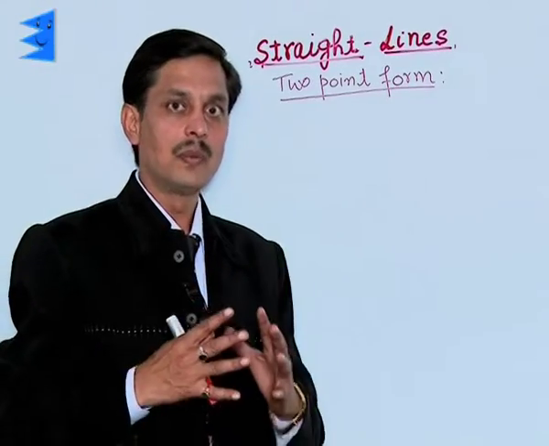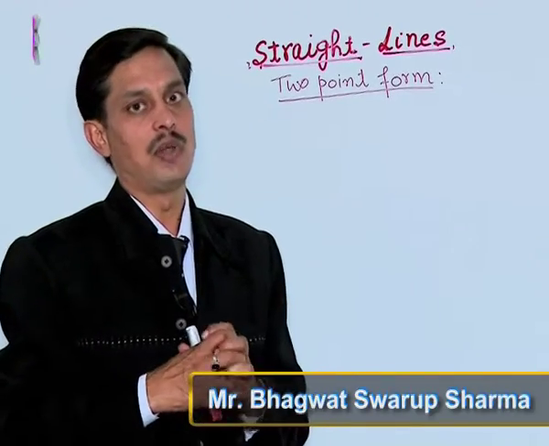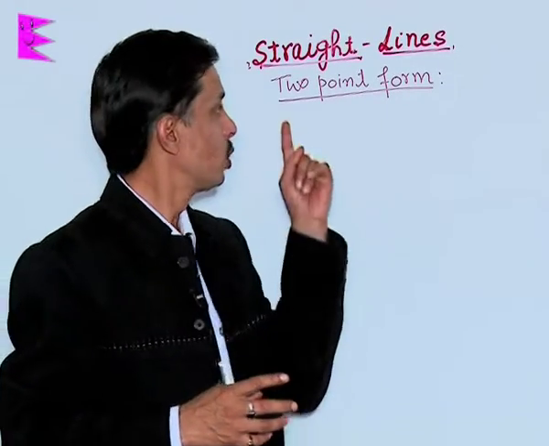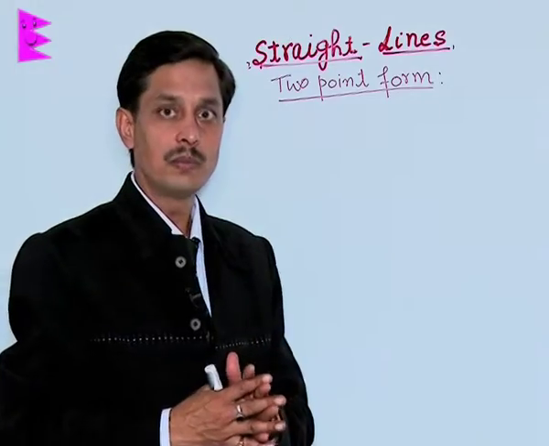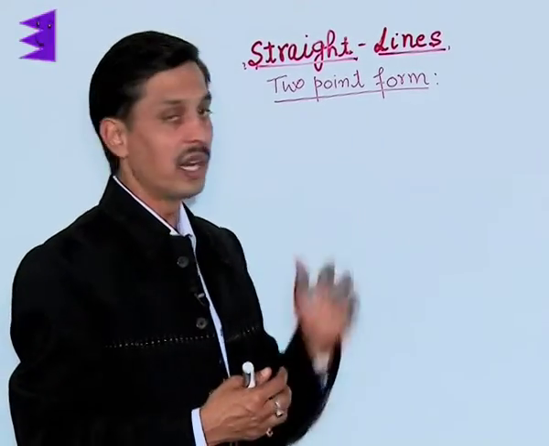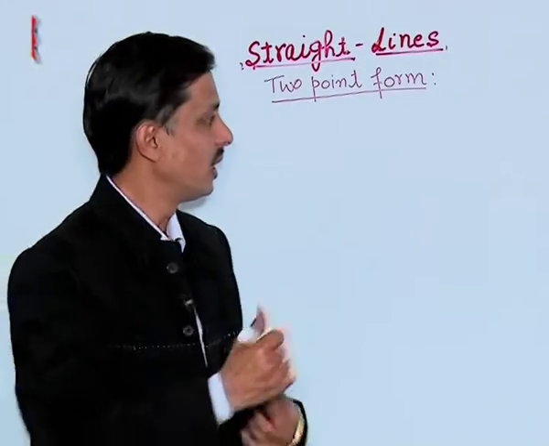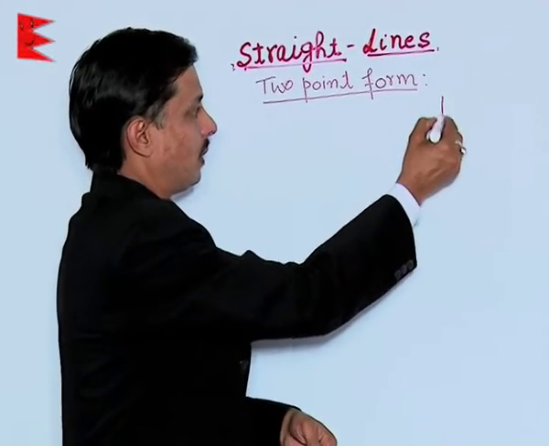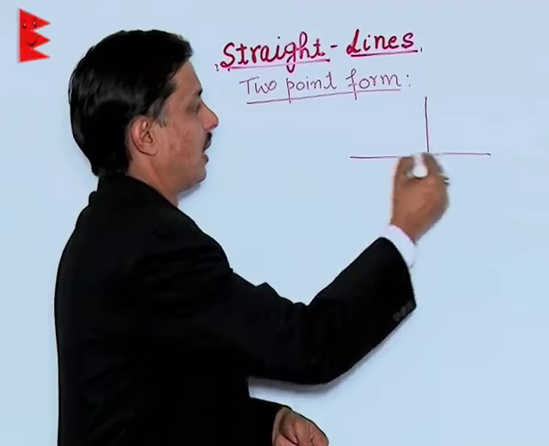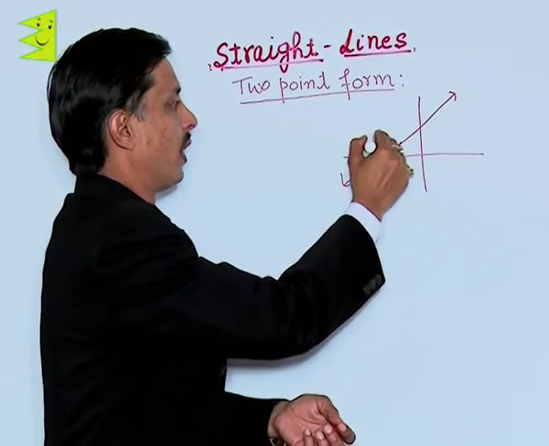Now the third form to obtain the equation of a line is known as the 2-point form, as its name is already clear in the explanation. Two point means how to find the equation of a line if it is passing through two given points.